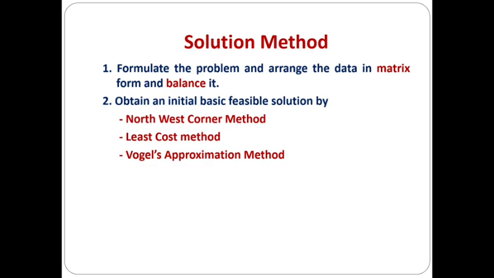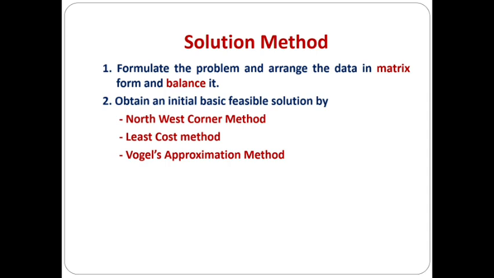Second step is to obtain an initial basic feasible solution by using one of three procedures. The first procedure is the northwest corner method, the second is the least cost method, and the third is Vogel's approximation method. We can use any one of the methods to find the initial basic feasible solution. If a particular procedure is specifically mentioned, we have to use only that one.